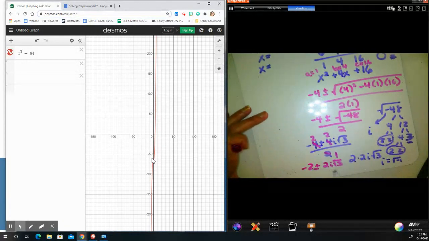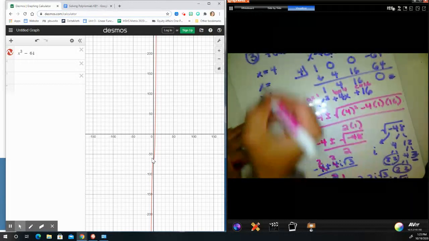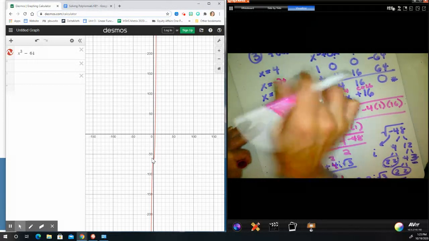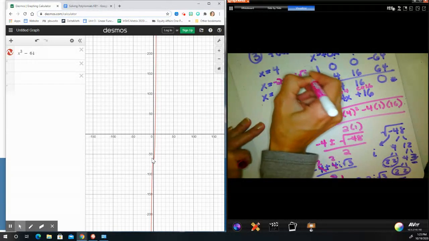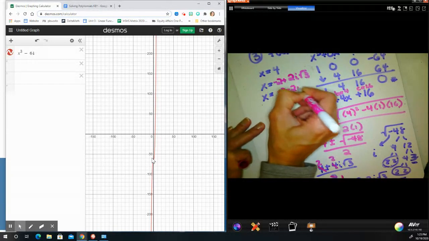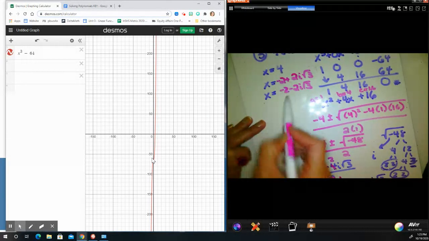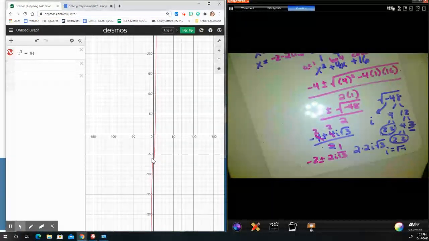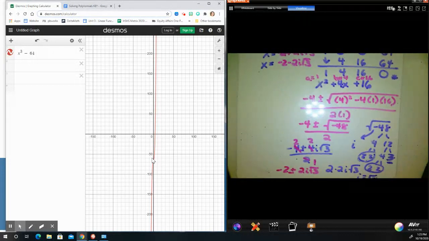You're welcome to leave it over 1, but dividing by 1 does not change anything. So negative 2 plus 2i square root 3, negative 2 minus 2i square root 3, or you could leave those two solutions combined with a plus or minus.